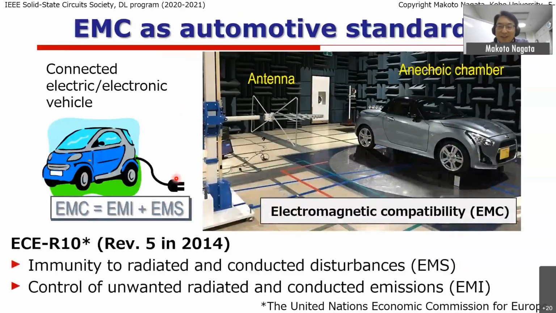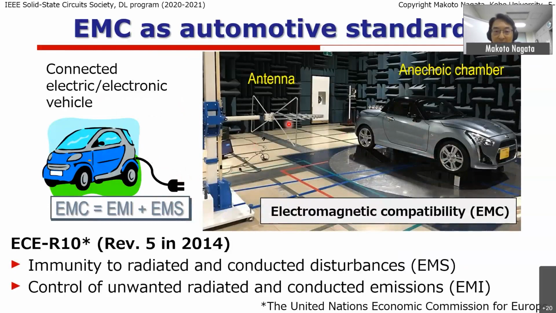First, this is a snapshot of EMC. I think you may have the image of electromagnetic compatibility in the measurement site, an anechoic chamber like this. In this particular case, we have a car here. This is a real EV, electric vehicle.